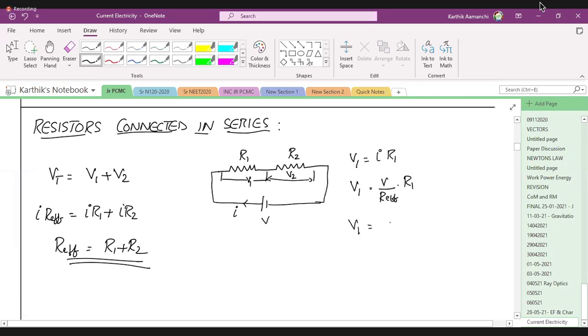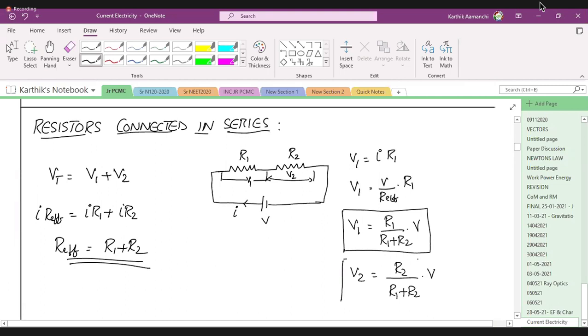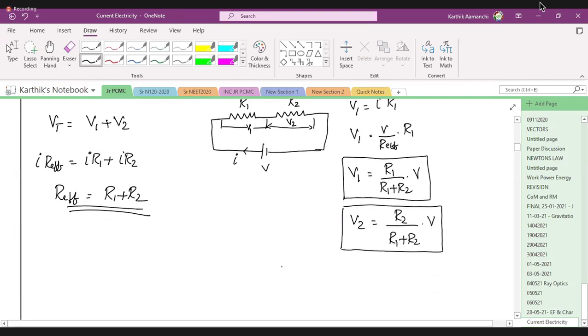So V1 is equal to R1 divided by R1 plus R2 into V. V2 is equal to R2 divided by R1 plus R2 into V. If you take a ratio, V1 divided by V2 will be in the ratio of R1 divided by R2.